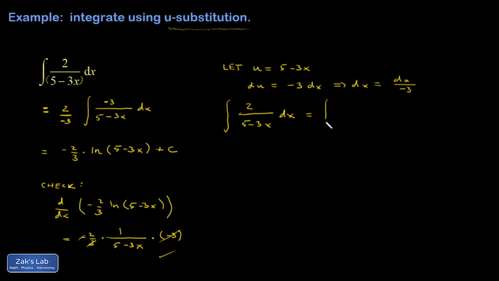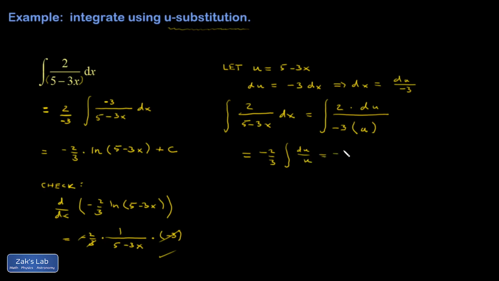And I end up with the integral of 2. Well, dx is just du over -3. So here's a du and a -3 in the denominator. And then 5 minus 3x is just u. And so I get -2/3 out in front. Integral of du over u.